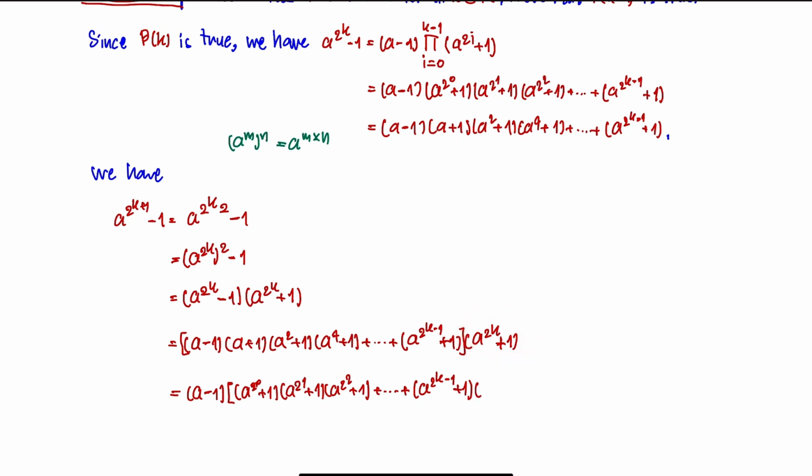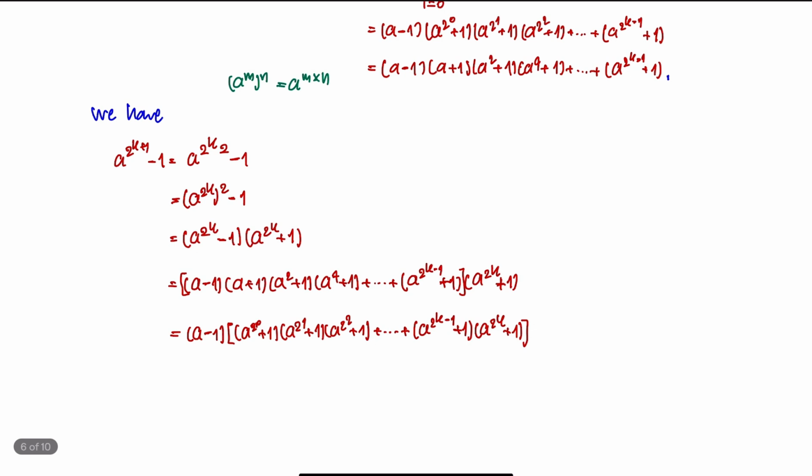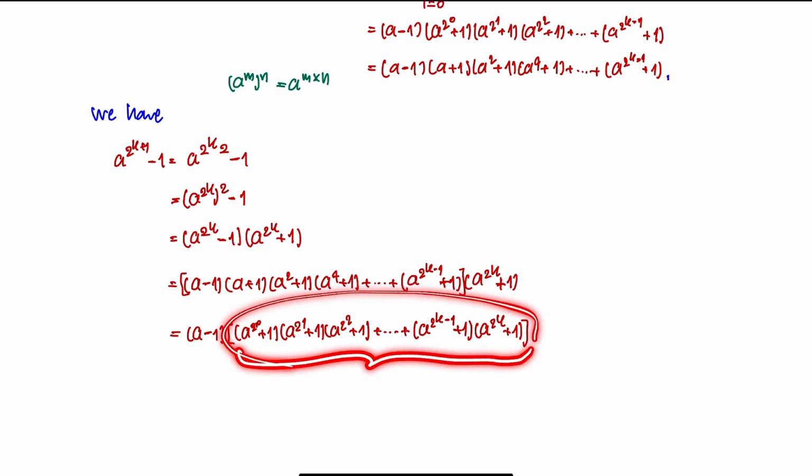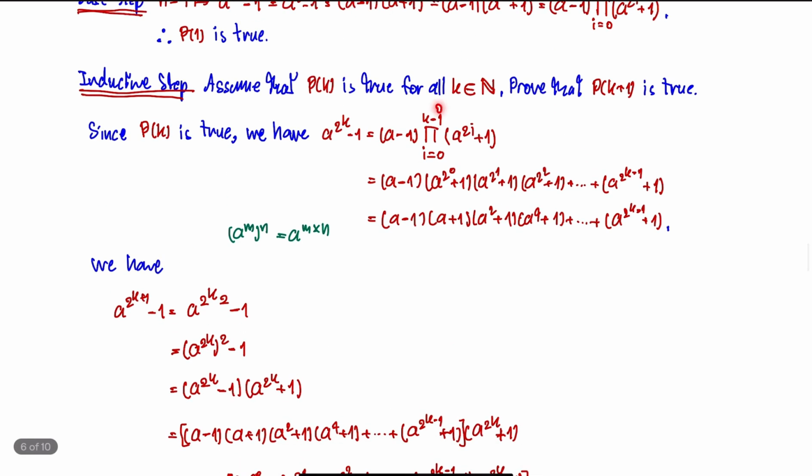We've got a to the 2 to the k plus 1. That's it. And then we can write this product in the notation of big pi right here.